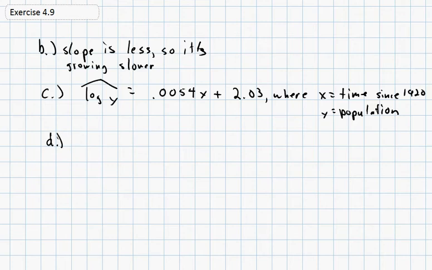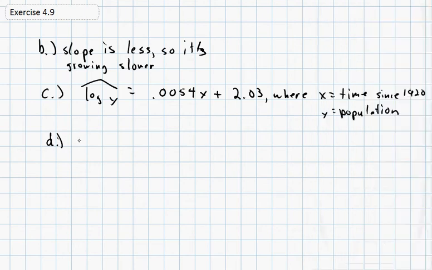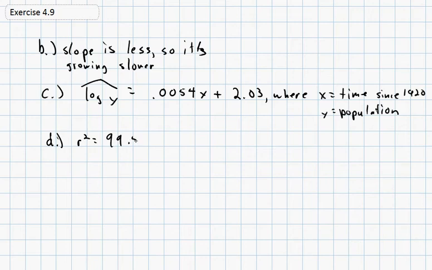D asks you to find the r squared and construct the residual plot. R squared in this case is 99.5. So again, that means that 99.5% of the population could be predicted by plugging in time since 1920 into this model.